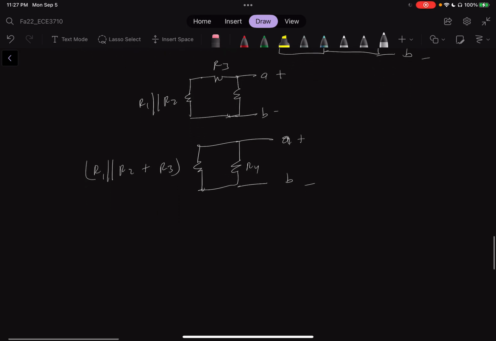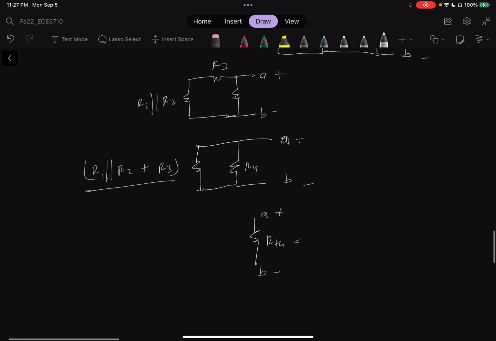And then I just have the R Thevenin, which is equal to what? This whole thing in parallel to R4. So it'd be R1 parallel to R2, that whole thing plus R3, this whole thing parallel to R4. R1 is in parallel to R2. That is in series to R3.